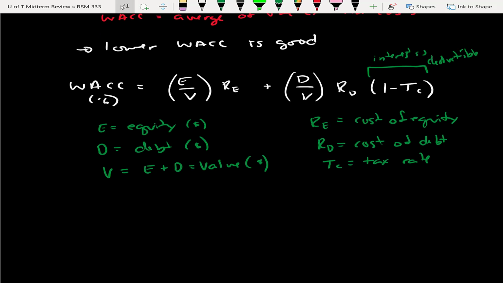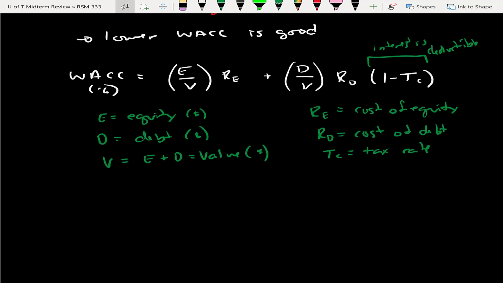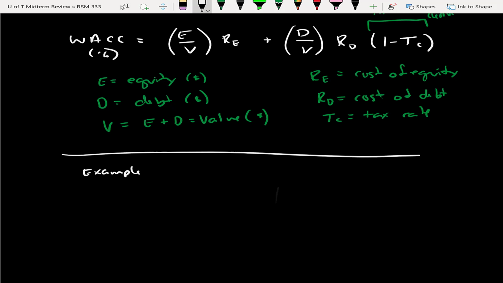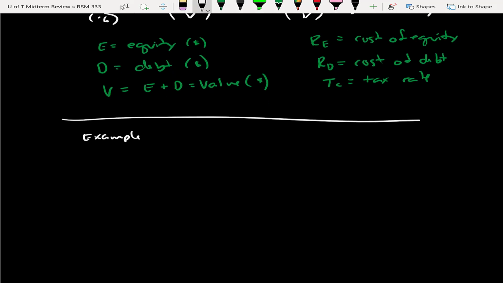Now, if we go down, let's do a simple example. Say you have a scenario where the company's debt-to-equity ratio is 0.6. The cost of debt is equal to 15.15%.